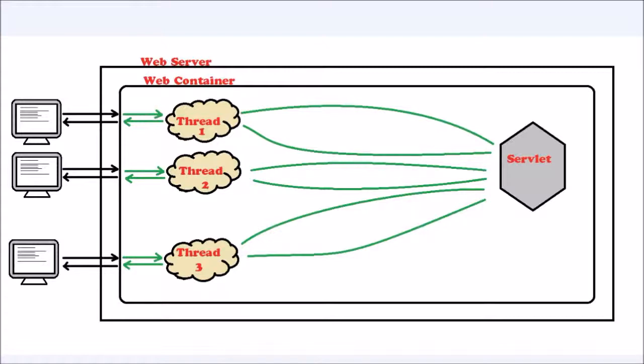Advantages. Firstly, use of threads results in lightweight processing of requests. Secondly, scalability, because much more requests can be served by the servlet when compared to CGIs. Third, as it's written in Java, it will be platform independent obviously.